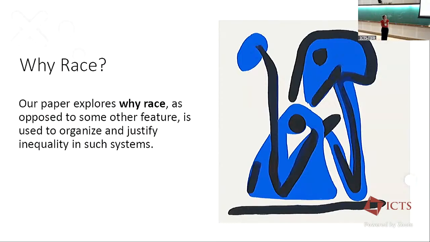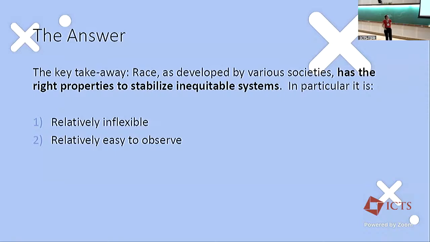And so we asked, why would race, as opposed to some other type of feature or tag, be the thing that would be used to organize and justify inequality in a system like this? And the answer was that race, especially as it gets developed, will have the right properties to stabilize inequitable systems because it is relatively inflexible and because it's relatively easy to observe.